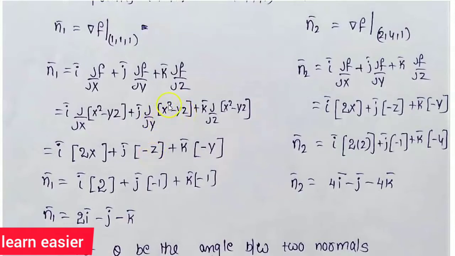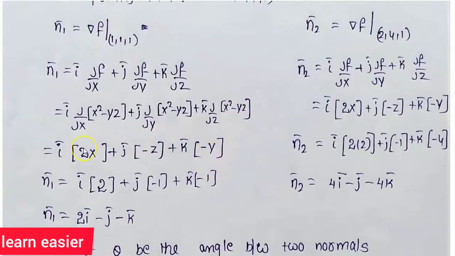We have differentiated with respect to y by taking x and z as constants. Now here x square is constant, so its derivative is 0, and here we have minus yz, so the derivative of z is 1, so we have only minus y.